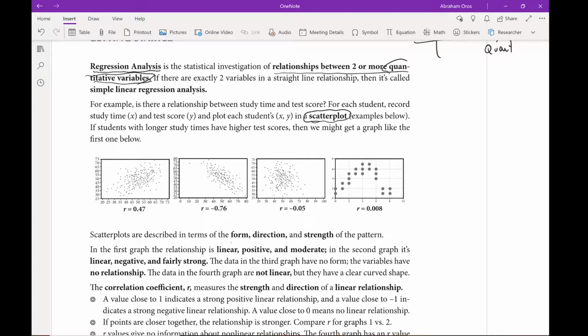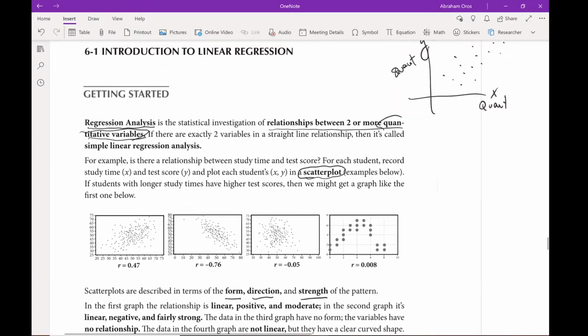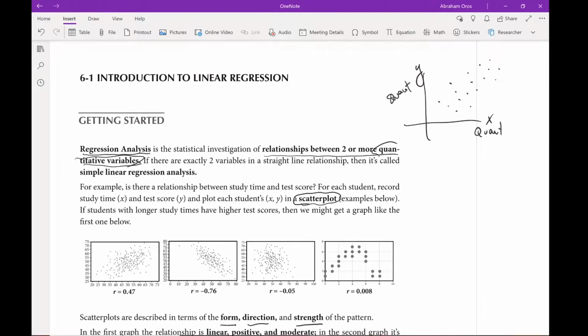We're going to describe these scatter plots by form, direction, and strength. More often than not in this section, form is going to be slightly linear. By linear, we mean that if I fit a best fit line to the data, then it's a linear form.